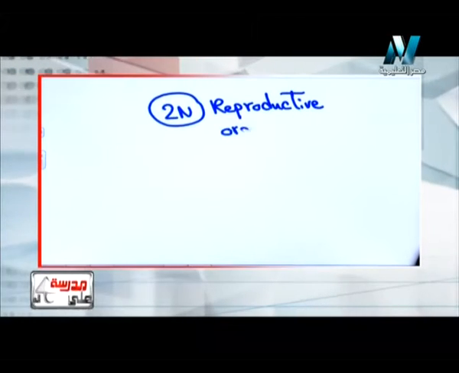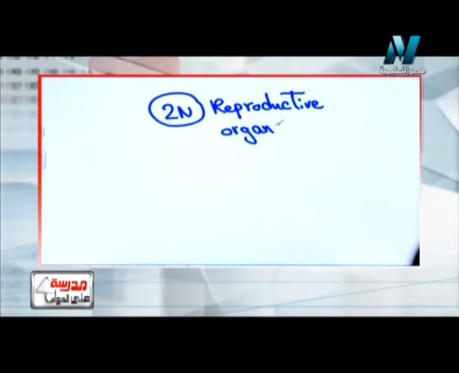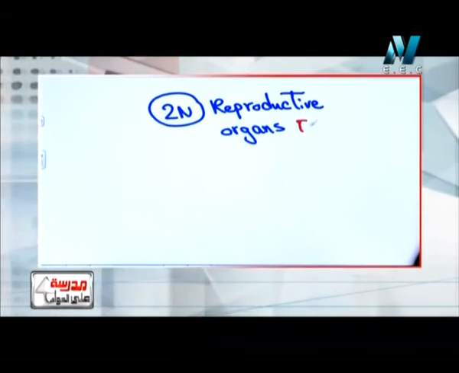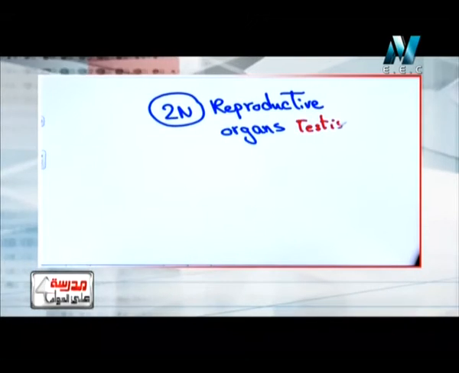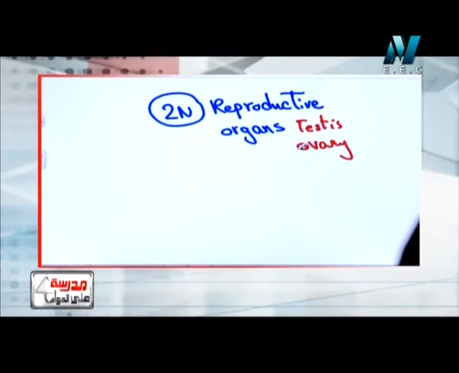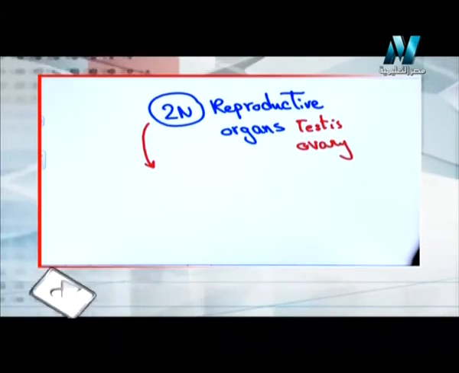Didn't we say the meiosis division takes place in the reproductive organs as what? Reproductive organs as testis, as ovary, testis in male and ovary in female. I say yes. Okay, so we have what? Meiosis division.